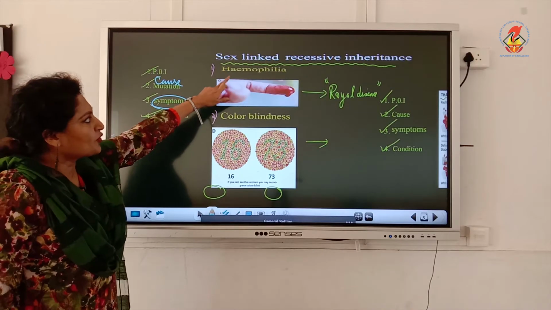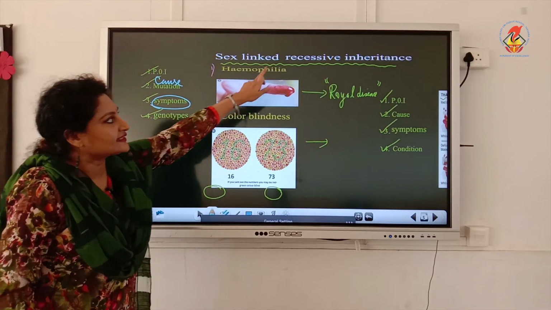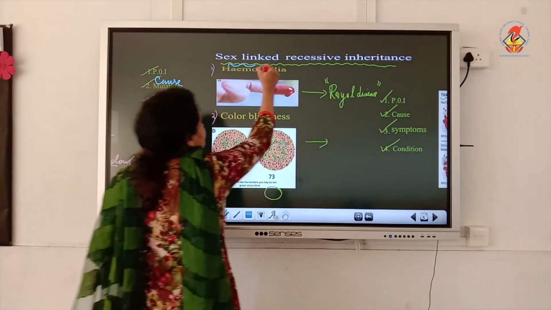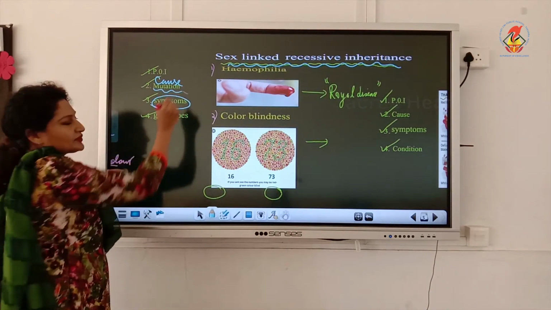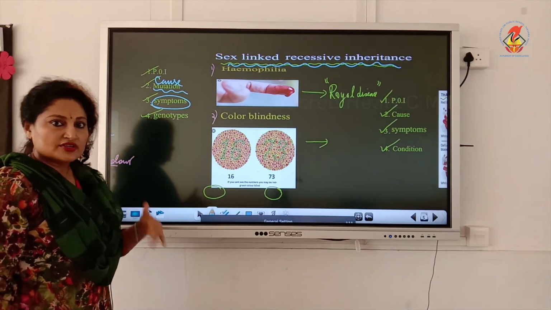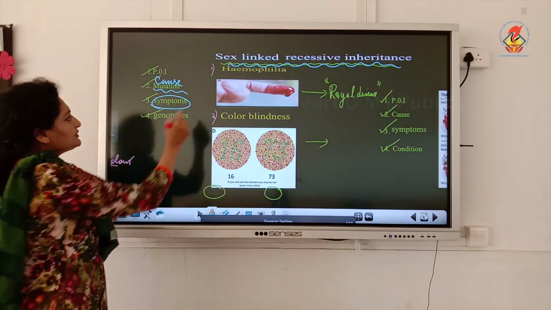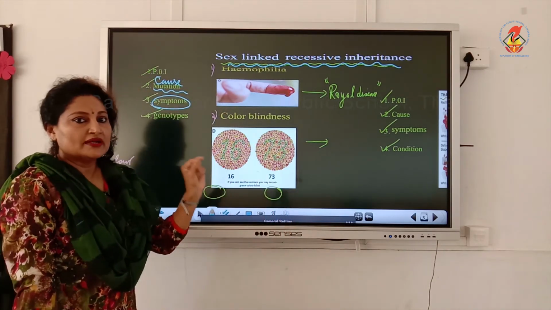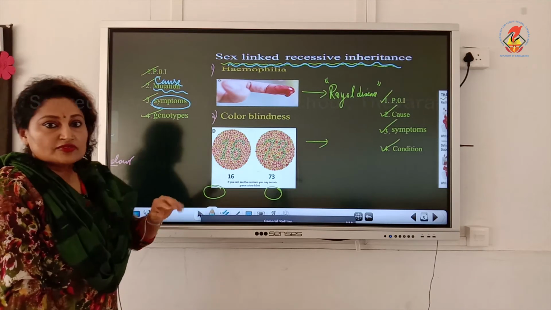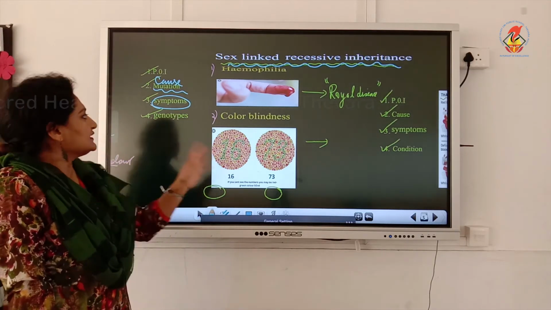Pattern of inheritance of both hemophilia and colorblind, sex-linked recessive inheritance. Then the cause is mutation because it's coming under Mendelian disorder, so you have to specify that. Then symptoms. For hemophilia, symptoms is failure of the blood to clot. For colorblind is the failure to distinguish between red and green colors.